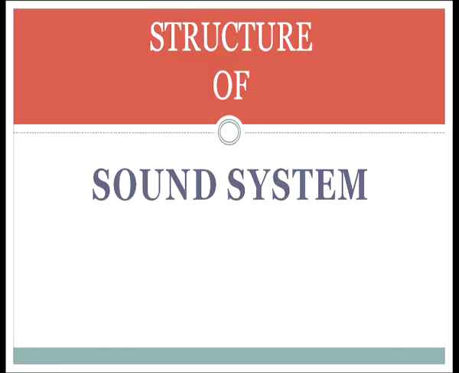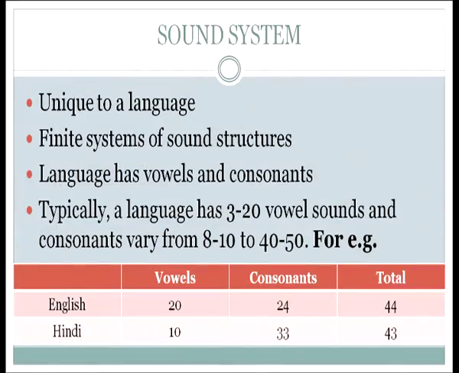When we talk about the structure of sound system, we are generally talking about phonetics and phonology. A sound system is unique to a language, as I have already told you. In every language, there are some finite systems of sound structures. It is a misconception that we can create as many sounds as we want in a particular language, but that is not right.